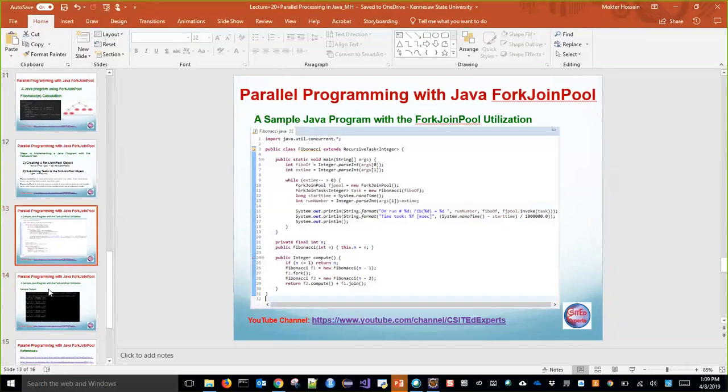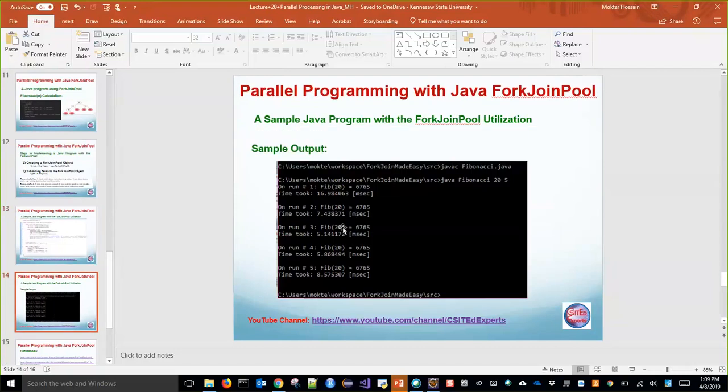What is the 5th Fibonacci number, what is the 10th Fibonacci number, what is the 12th Fibonacci number. In this program I have shown that in different runs it will take a different amount of time.